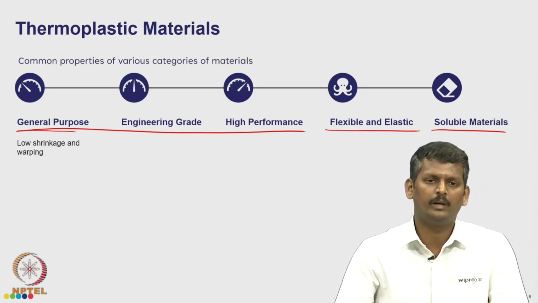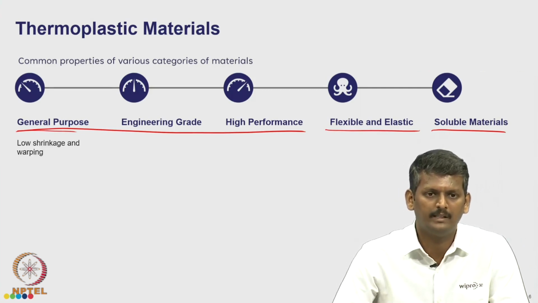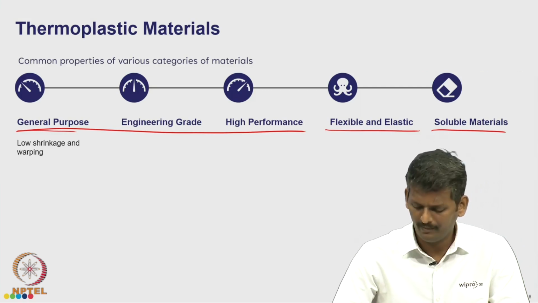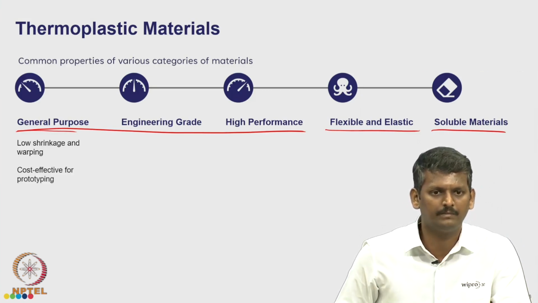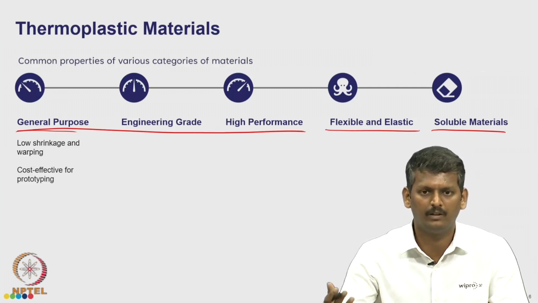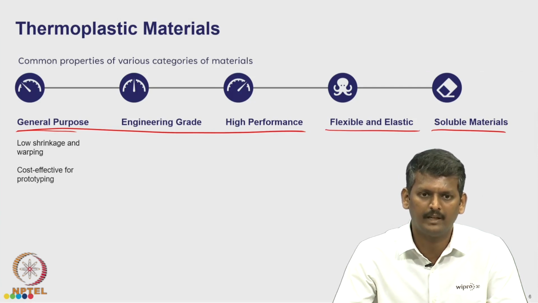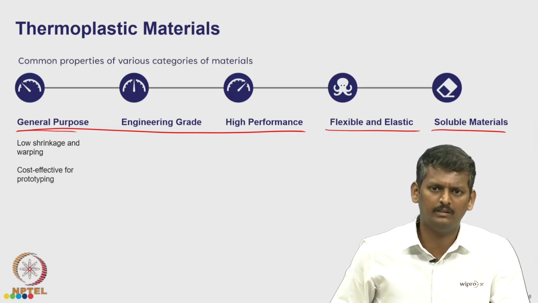What we get from general purpose materials is less shrinkage and warping issues, and it is actually a cost effective material for prototyping purposes, kind of visual prototypes we can consider, or a draft material.